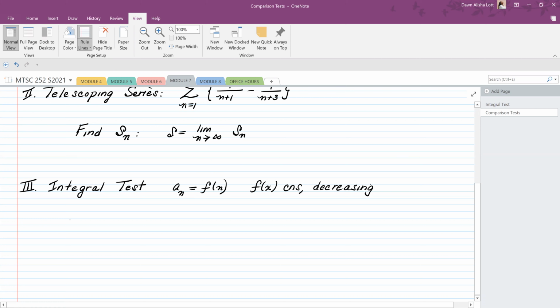And then we said the sum from n equal to some number to infinity of a_n, and the integral from that number to infinity of f of x dx, both converge or diverge.